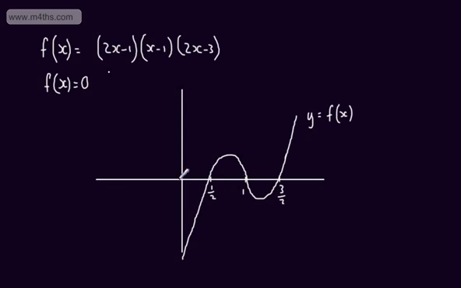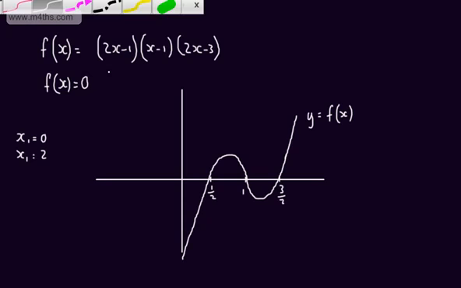If I considered x sub 1, let's take x sub 1 to be equal to 0. And if I took x sub 2, these are the points I'm going to evaluate, to be 2. I'm going to pick a point just here. If I pick this point here of 0, so I've chosen 0, there's 0, and there is 2.